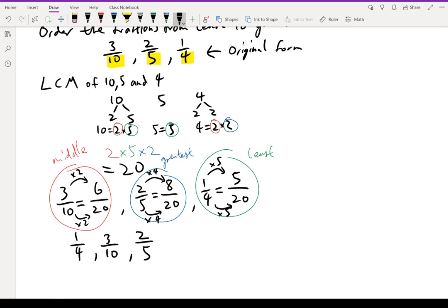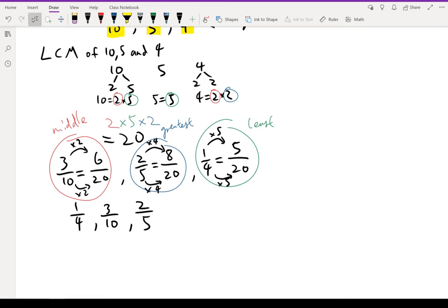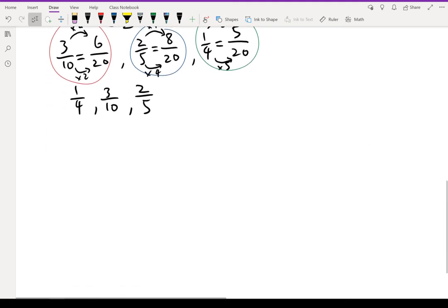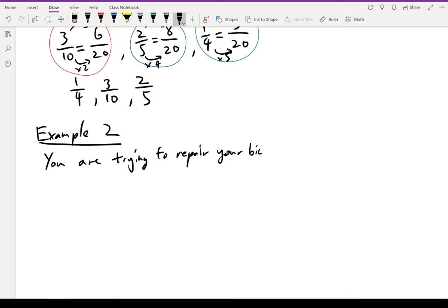Okay, so we have a third example. Now, let's go into a quote-unquote real-world scenario, or problem solving, or applications. This will be example 2. So, in this example, you are trying to repair your bicycle.